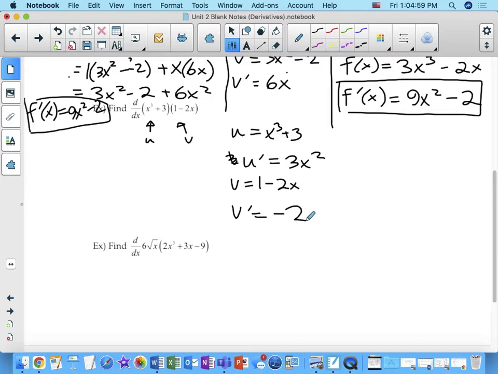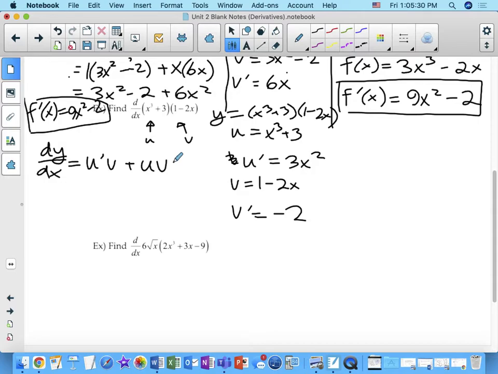I'm going to call this y equals x cubed plus 3 times 1 minus 2x, so that instead of writing d of all of that by dx, I can just write dy by dx, because that's shorter. This is going to be u prime v plus u v prime. And I have all of the components written on the right.